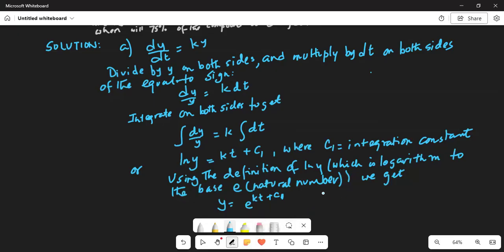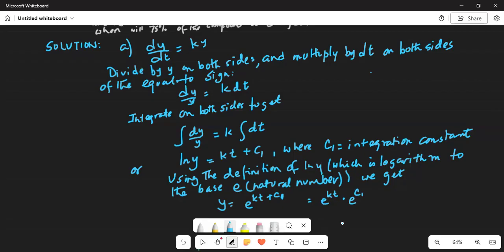Or this is equal to e to the power of kt multiplied by e to the power of c1.